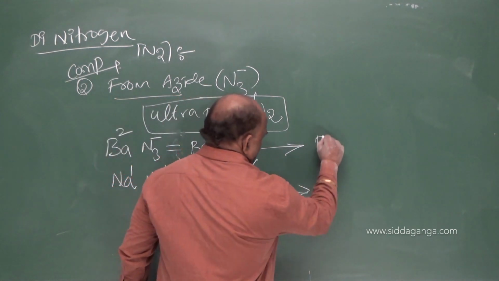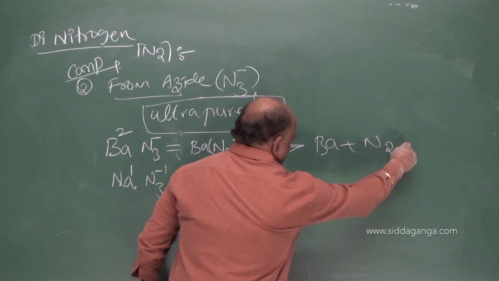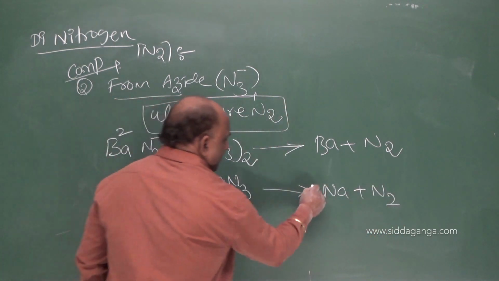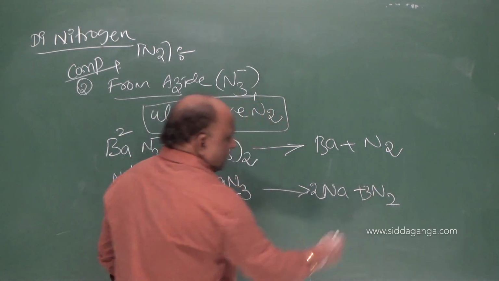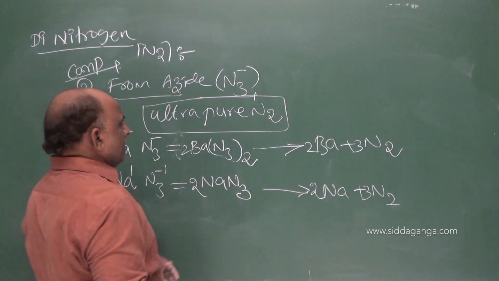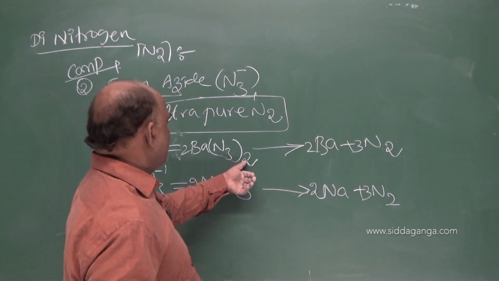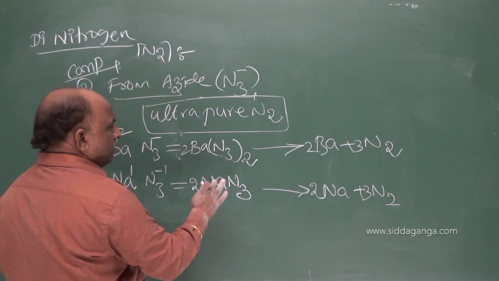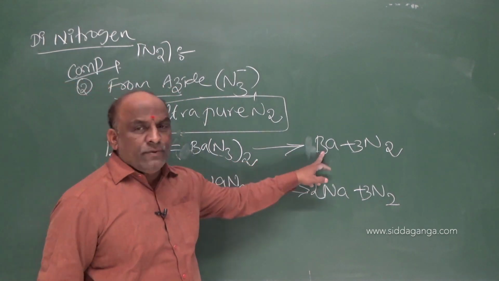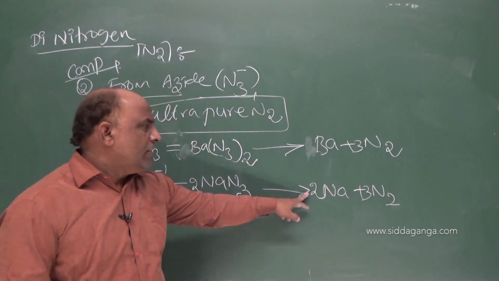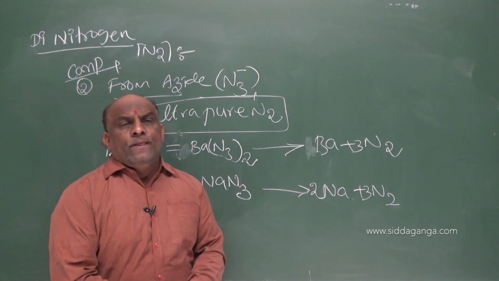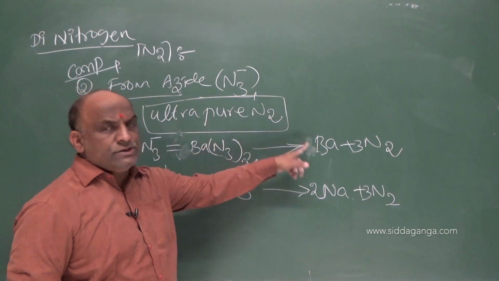The products are Ba plus N2, and here Na plus N2, barium plus dinitrogen and sodium plus dinitrogen. So ultra pure dinitrogen can be obtained using this method.